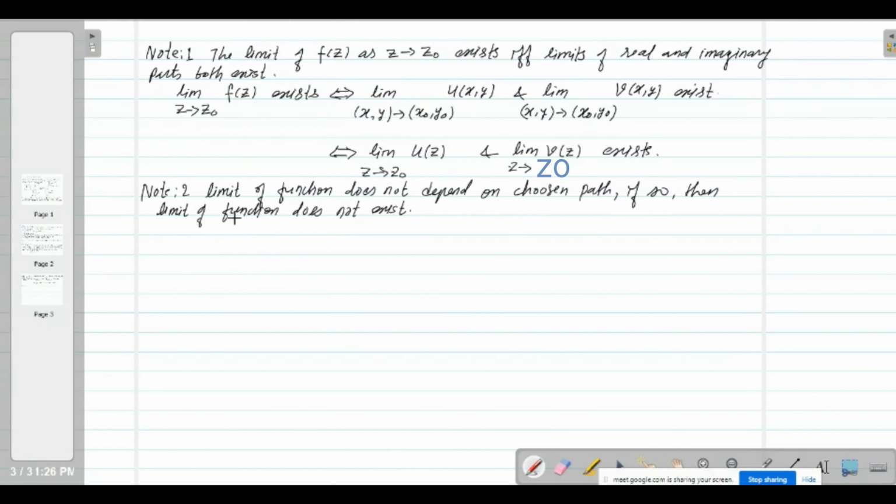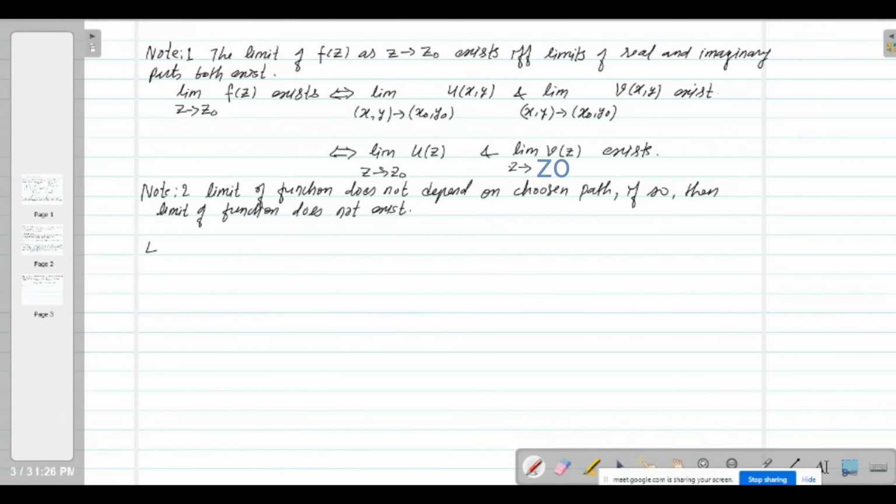Meaning, if the limit of a function depends on the path, then the limit of that function does not exist. So this is the important key note, you must remember this. Let us do some problems, then you will understand.